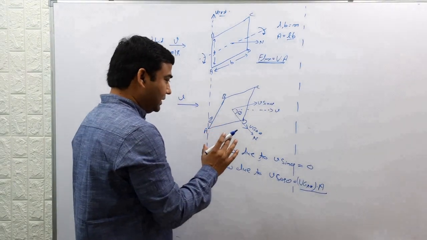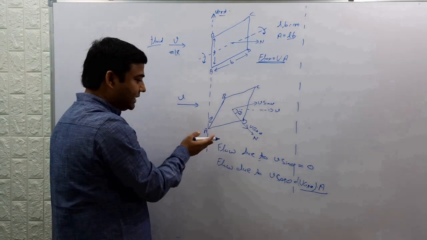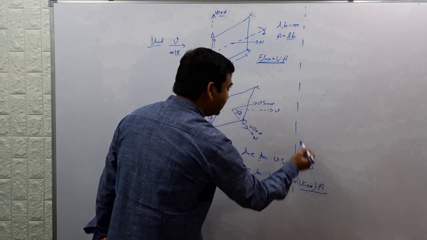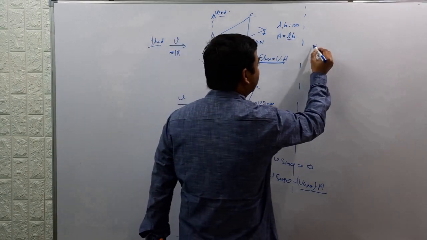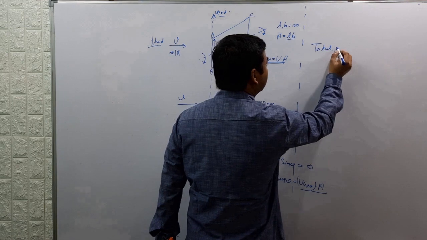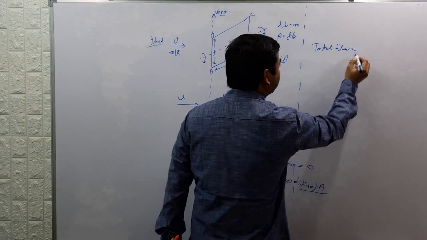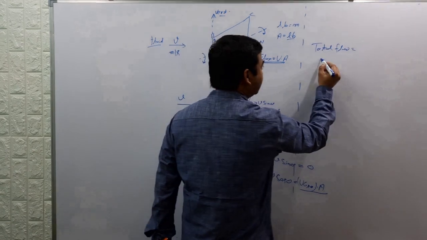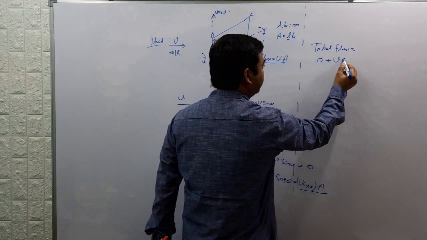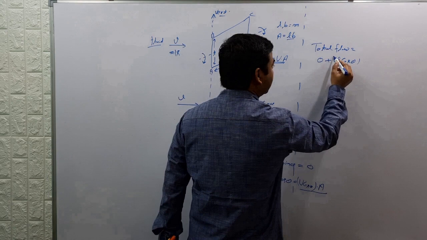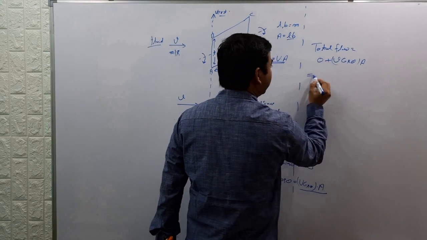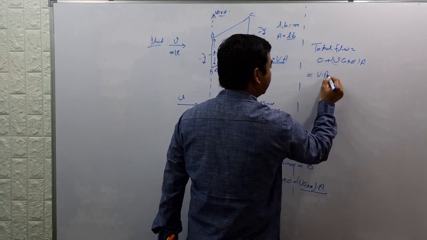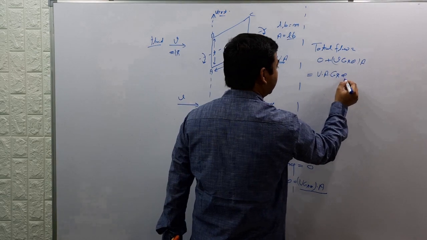So when this area is tilted by angle theta, the total flow will be the addition of both these components, that is 0 plus v cos theta into A. We can write it as vA cos theta.